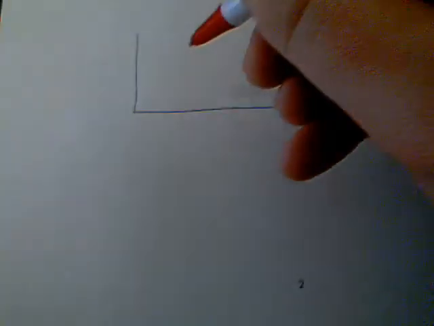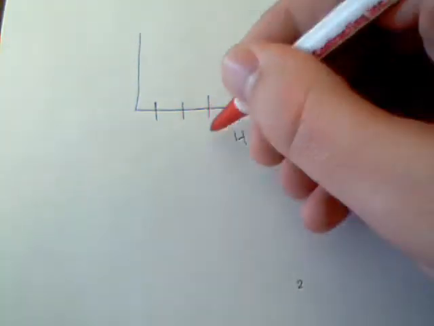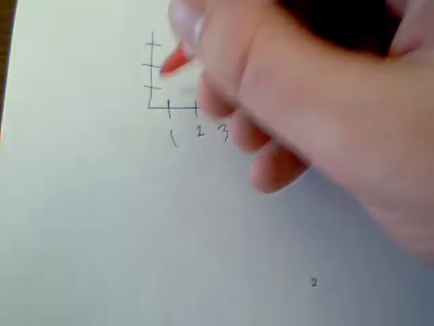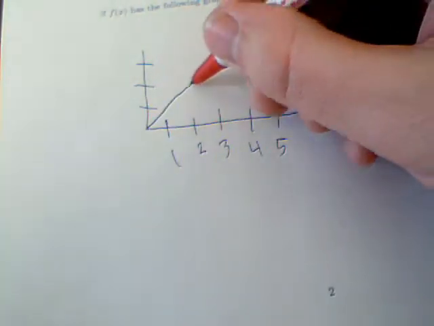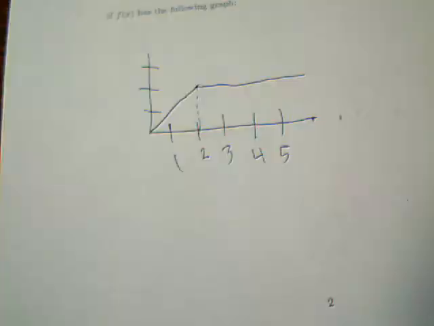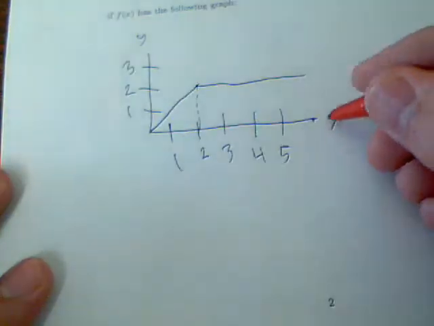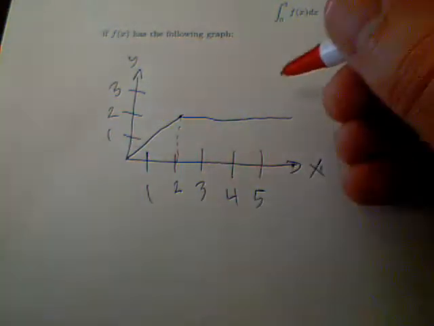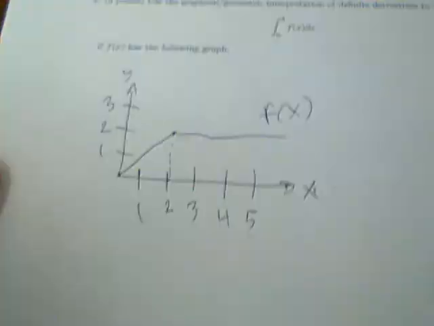So I ended up with 1, 2, 3, 4, 5. I'm saying that this graph right here is in fact the graph of f of x.